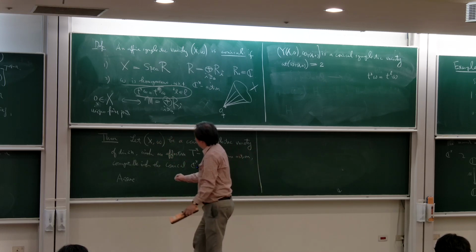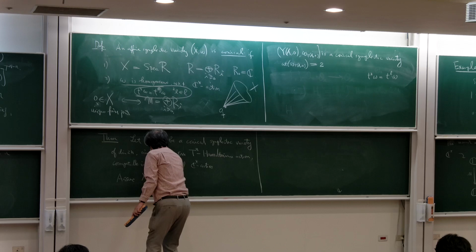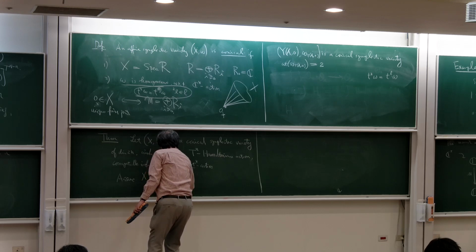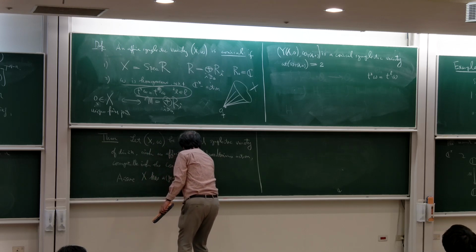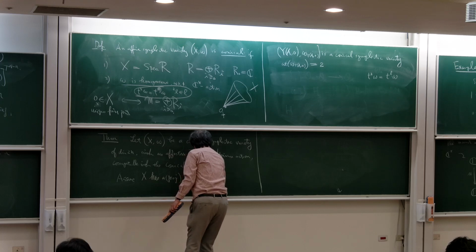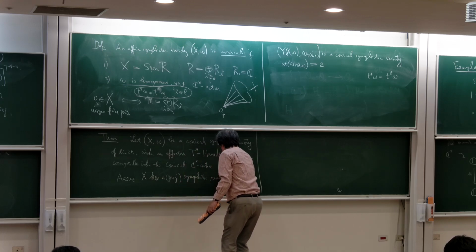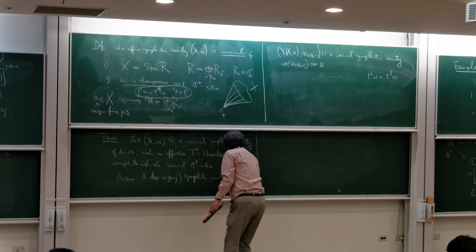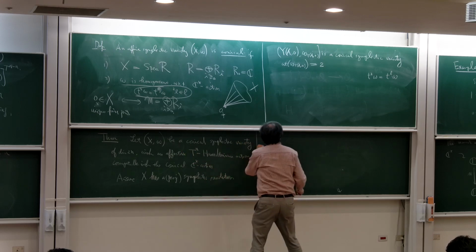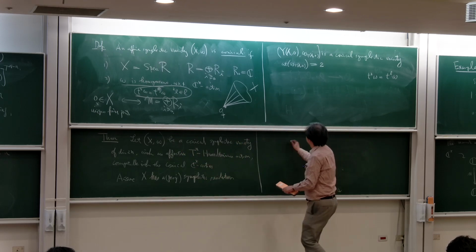Assume X has a projective symplectic resolution. Then this variety can be written as follows.